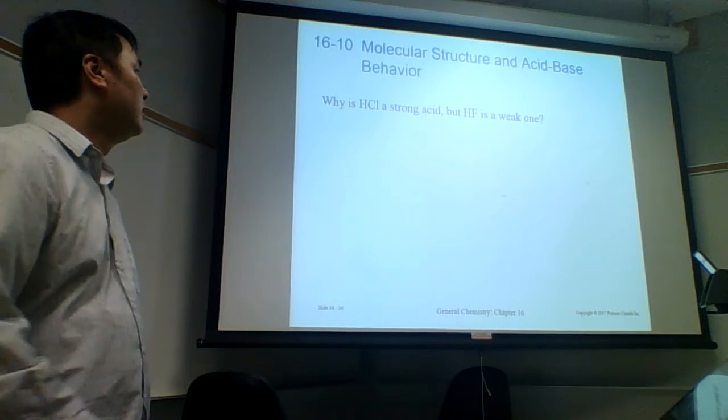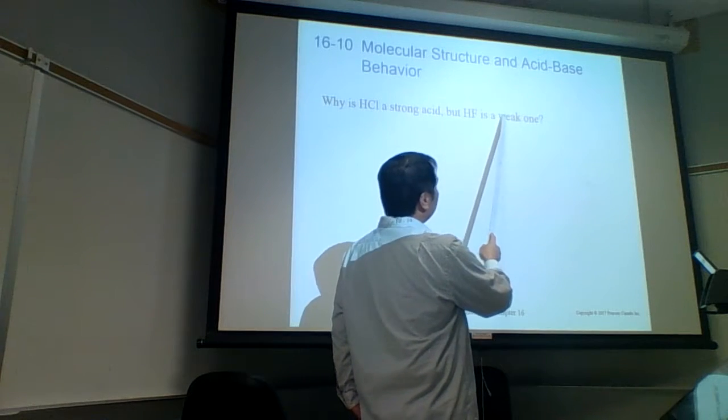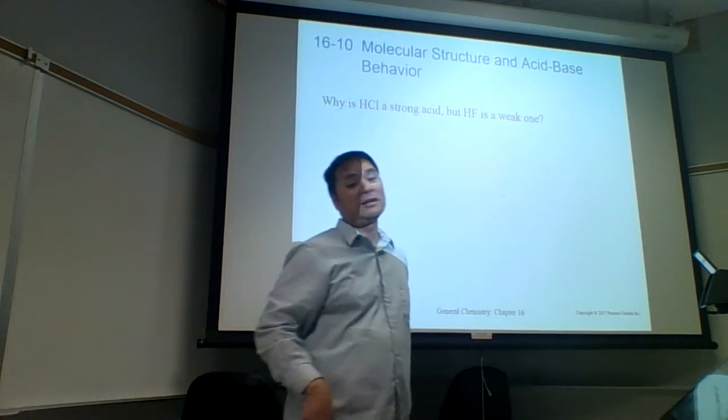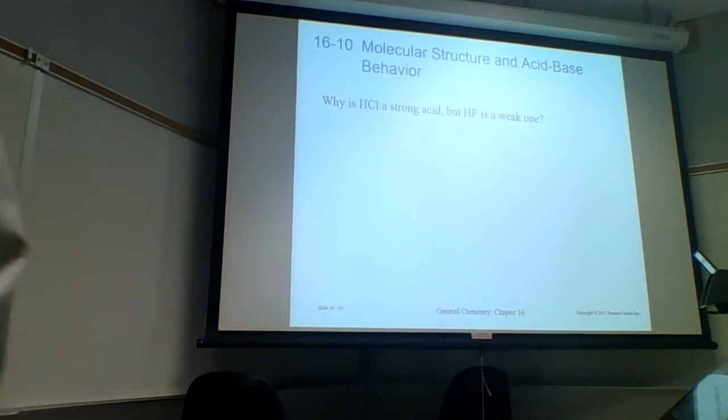Maybe that should be the question. I'd expect HF to be a strong acid, actually. Yes, it's got a stronger bond, but I still expect it to be a strong acid. HCl, HBr, HI are all strong acids, so HF should be there too. And it would, except for this.